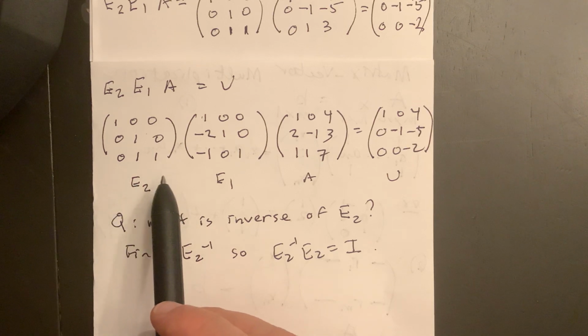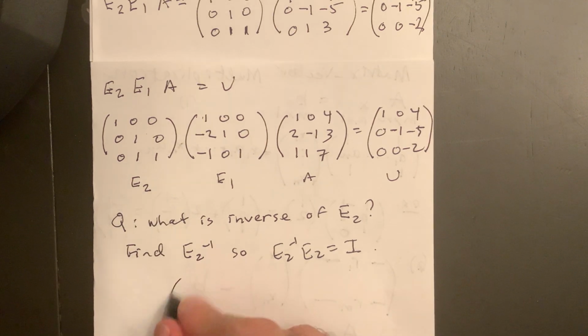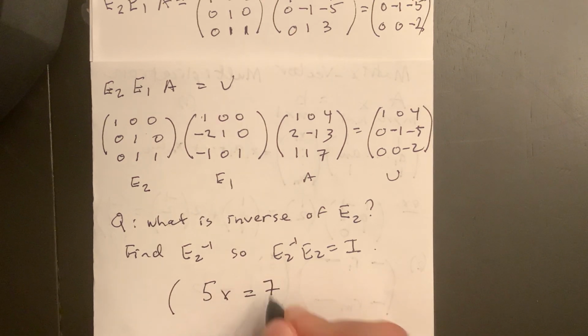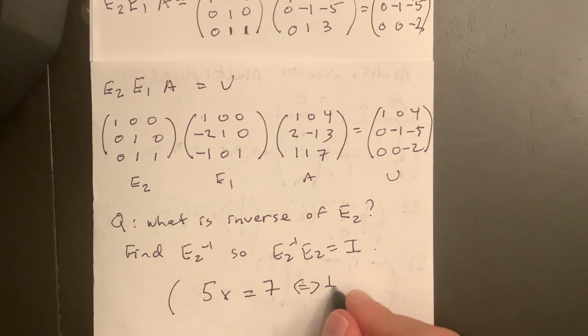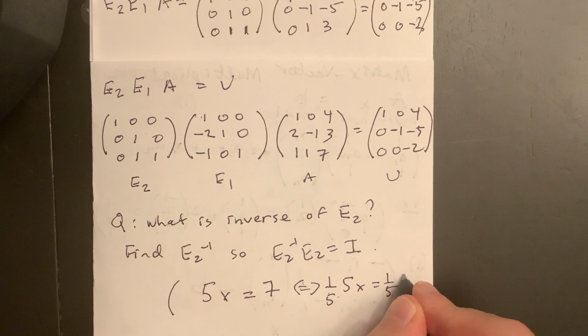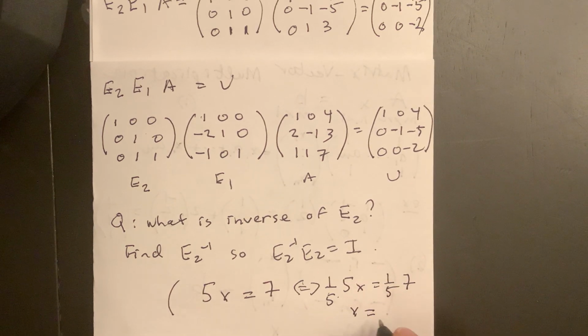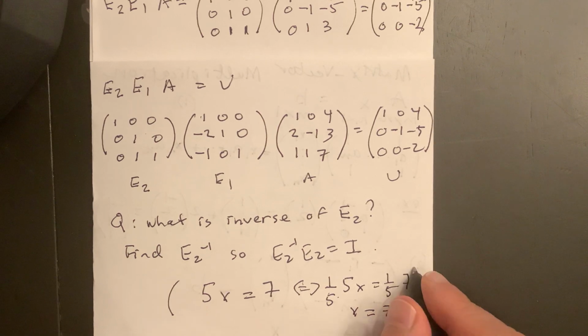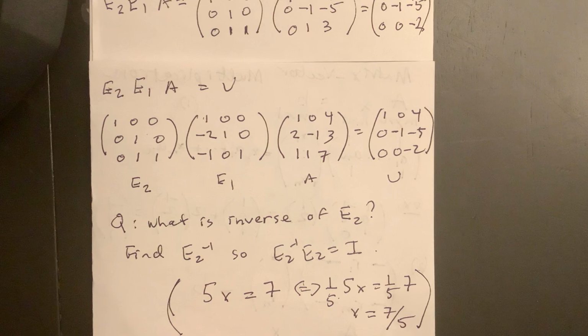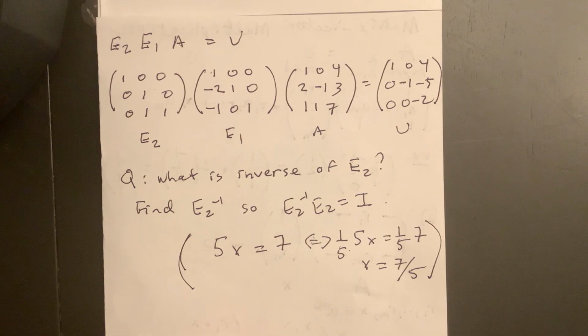It'll turn it into I. This is analogous to if you have 5x equals 7, I multiply on the left by 1/5, 5x equals 1/5 times 7, to simplify it. Okay, so this is it in one dimension. And we want to go all the way and do this now in 3 dimensions, with matrices.